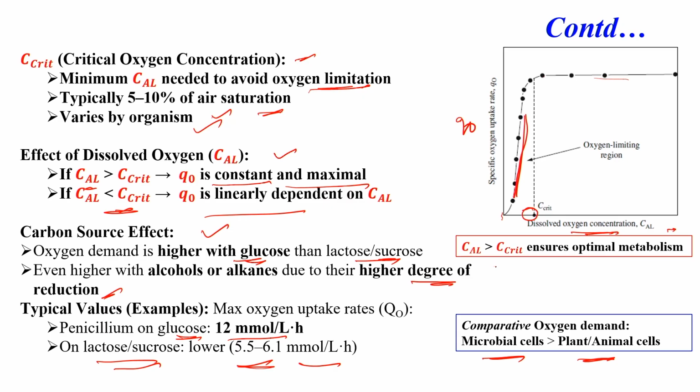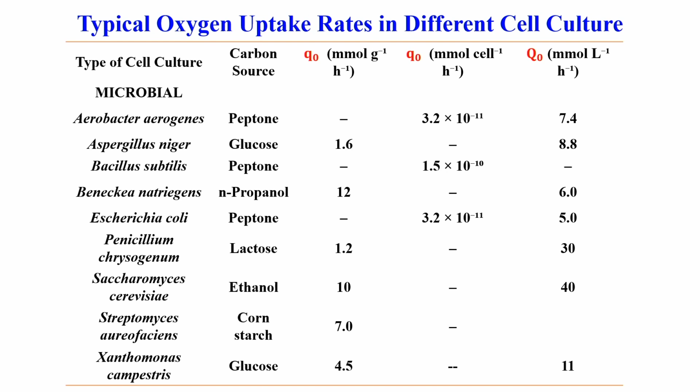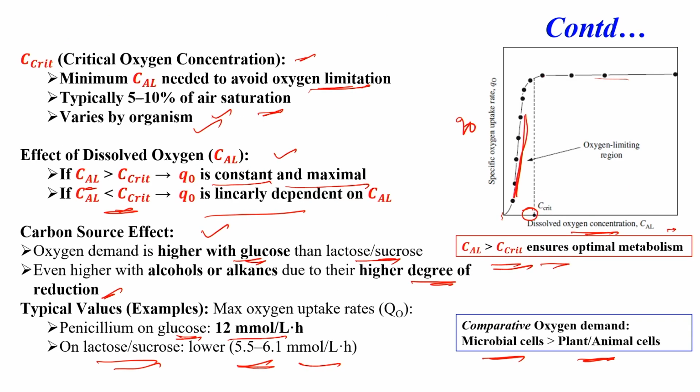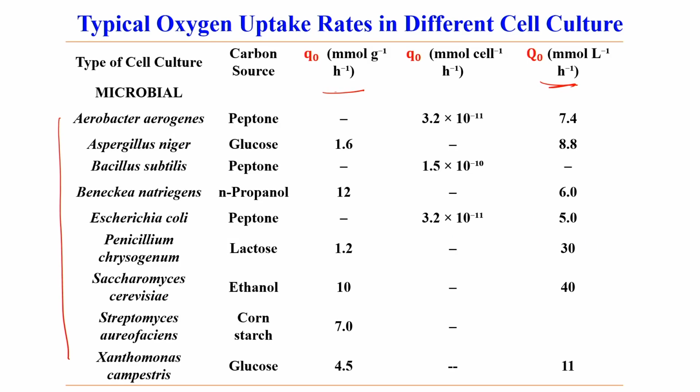This part we need to remember: typically, the concentration of dissolved oxygen CAL should be greater than C critical to ensure optimal metabolism. This is the table, you can see a list of various microbes and their Q naught value and oxygen uptake rate.